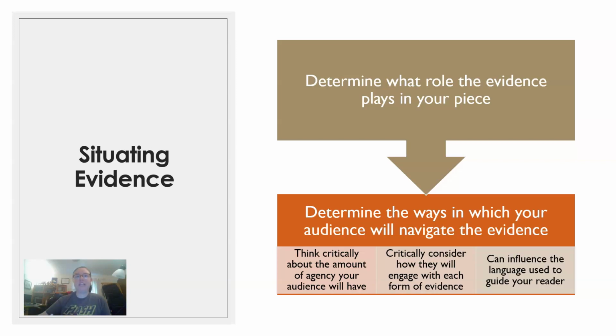So is your language indicating that you're building off what another source says? Is your language indicating that your argument and the source's evidence are in complete agreement? So, these are things that you want to be aware of. So how are you, through your word choice, situating your evidence within the overall argument that you're trying to present?